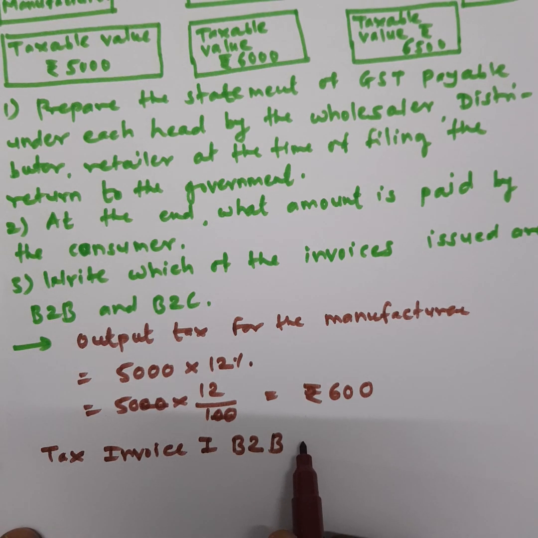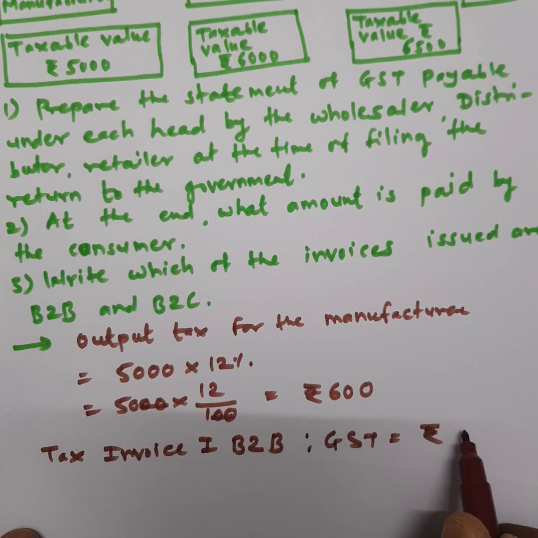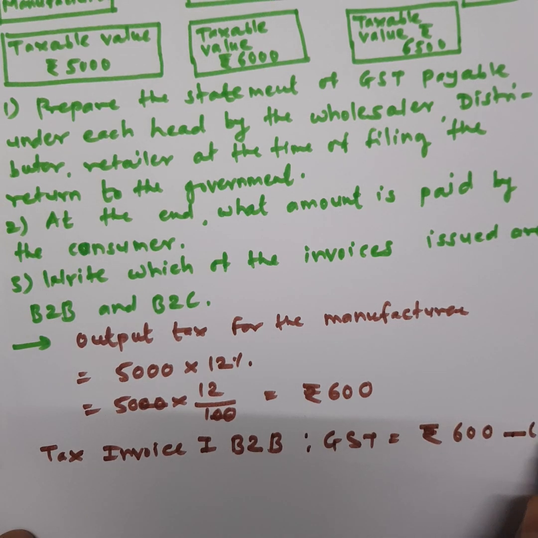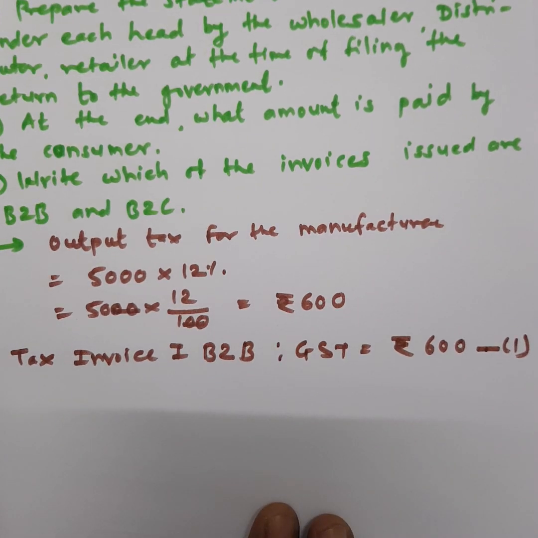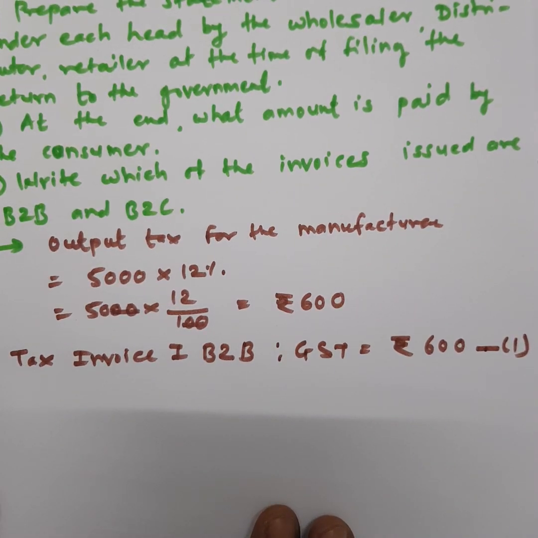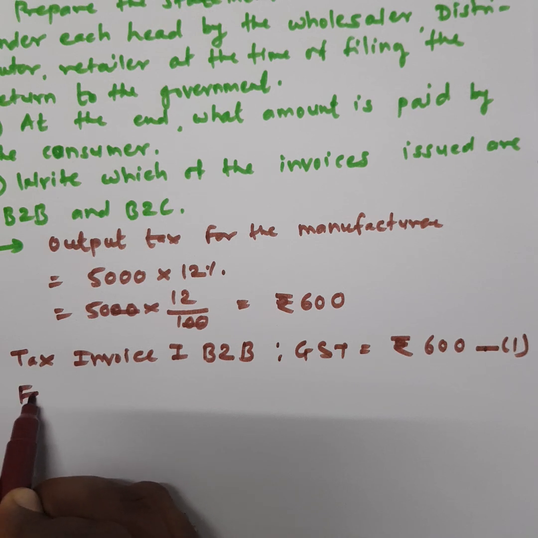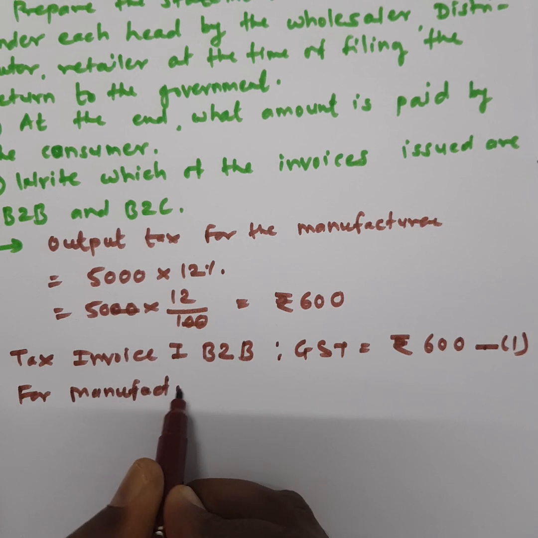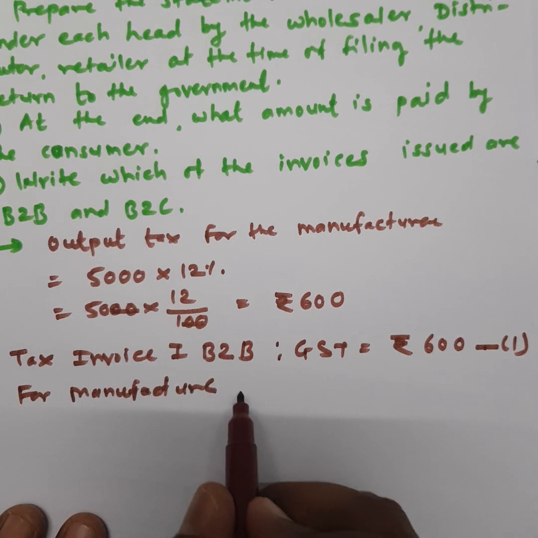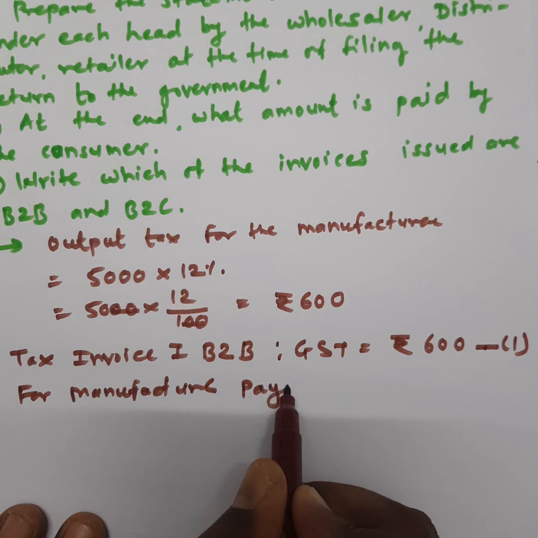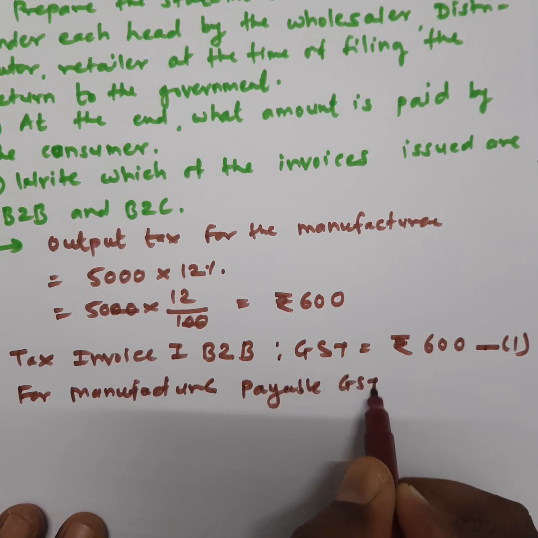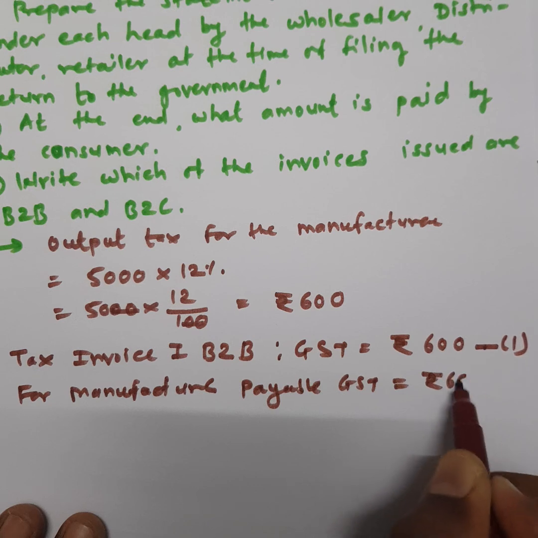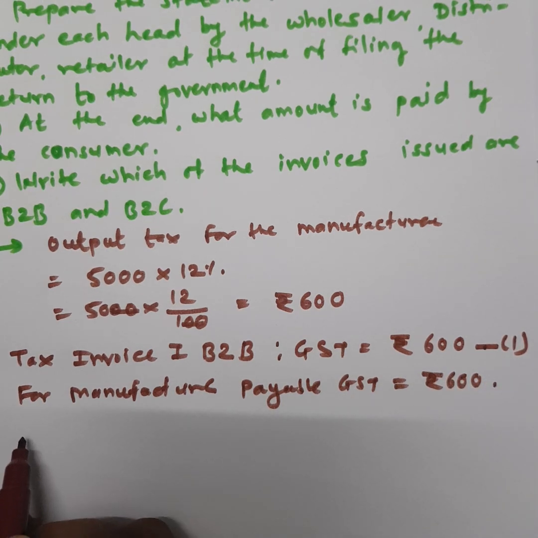GST is equal to rupees 600. Will give first number to this. Then for manufacturer, payable GST is equal to rupees 600.